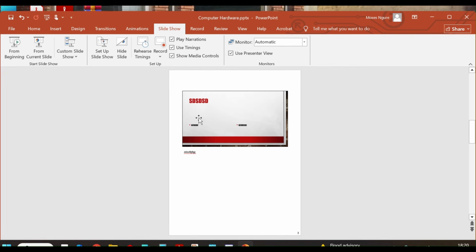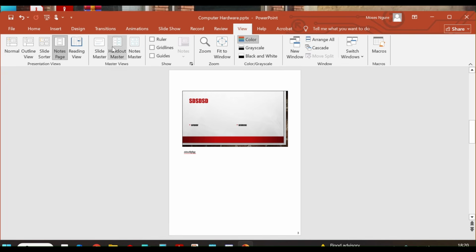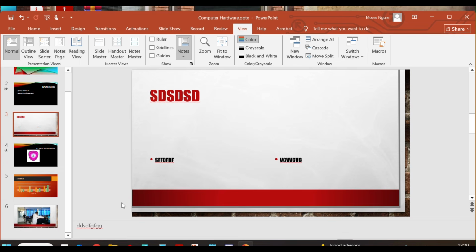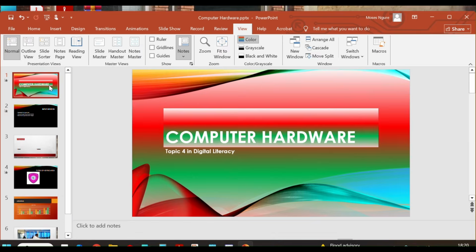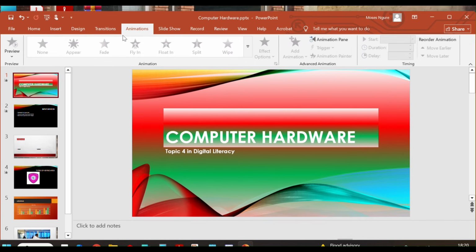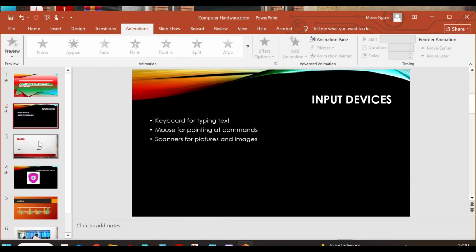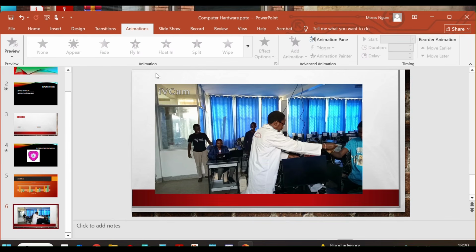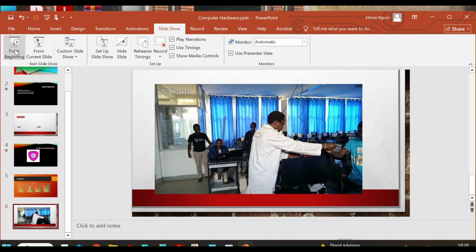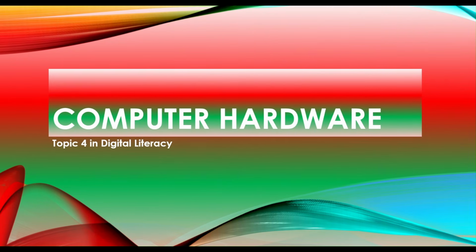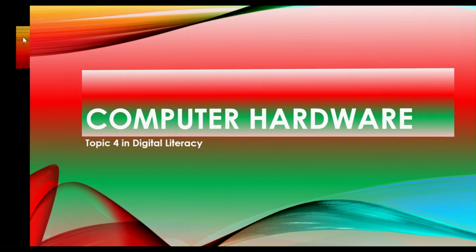So if I say yes and go back to normal view here, these slides would have the time frames put on them. All these slides, how many are they? They are 6. So if I go to slideshow view and play, it's going to be as per that timing I had put.